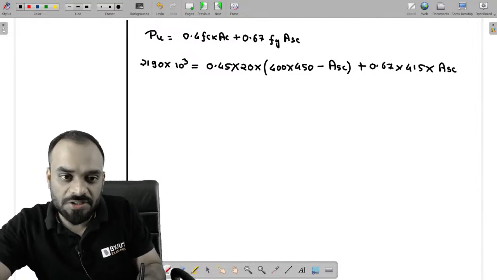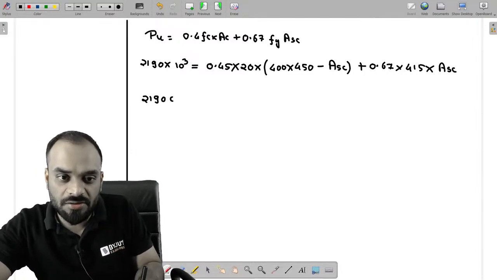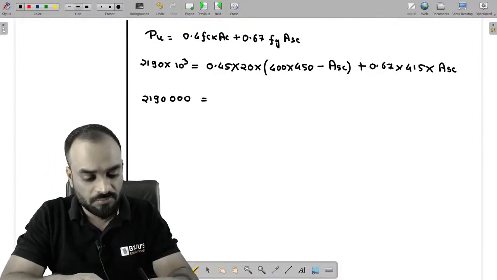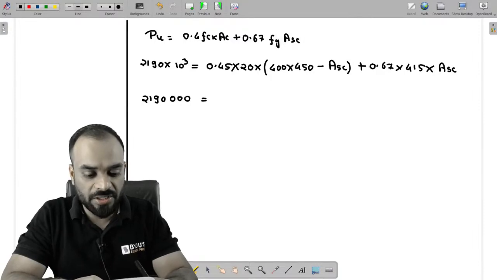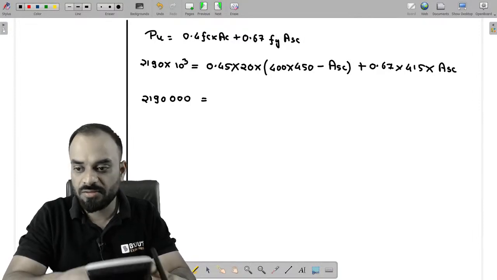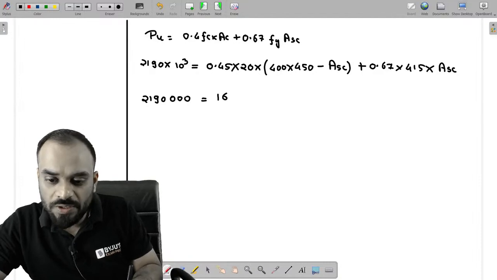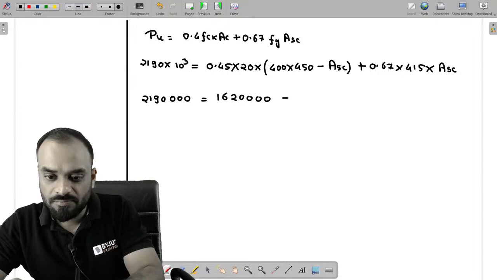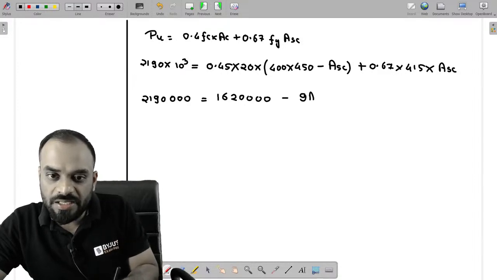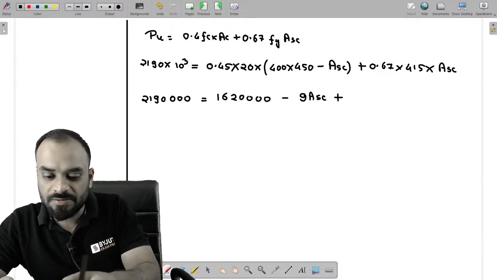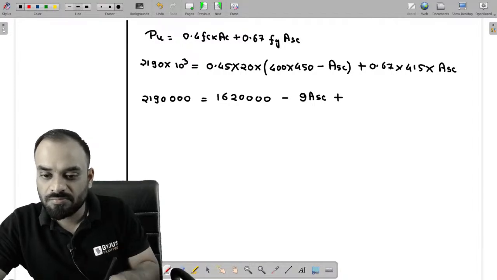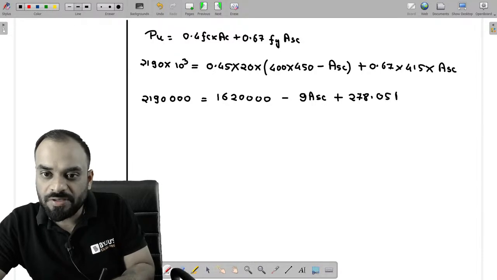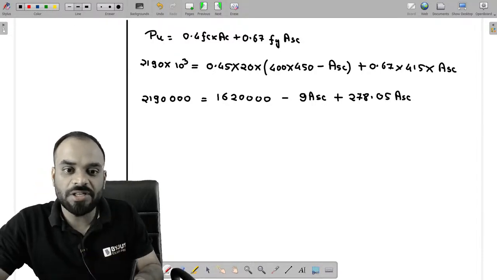Now let's calculate what is the value of ASC. 2190000 is equal to 0.45 into 20 into 400 into 450. So this value is 1620000 minus 9 ASC plus 278.05 ASC. Now let's calculate the value of ASC, guys.